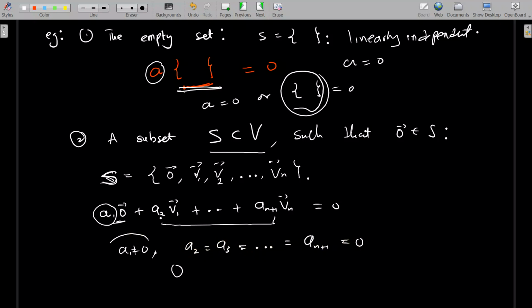Now here, at least one of them is non-zero, and if you sum all these things, because this is a 0 vector, you're going to get 0. So if you have a subset of a vector space with a 0 vector included, then that subset is linearly dependent, because you can pick a non-zero scalar that multiplies the 0 vector and still gets 0, and you pick the rest to be 0.